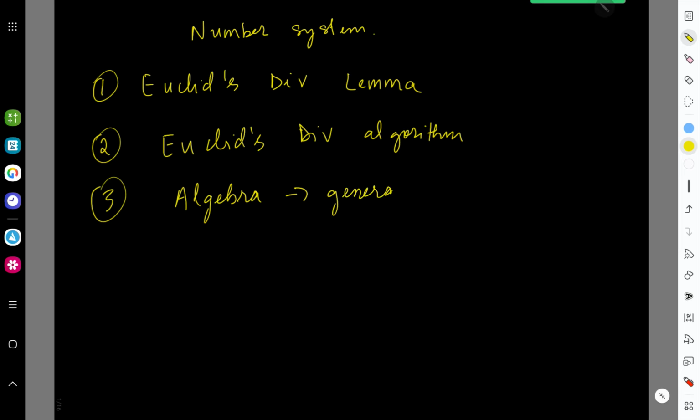I will be talking about these three things in detail before we solve the exercise, and trust me, if you know these three things very well, then understanding exercise 1.1 and solving the questions will be very easy for you.